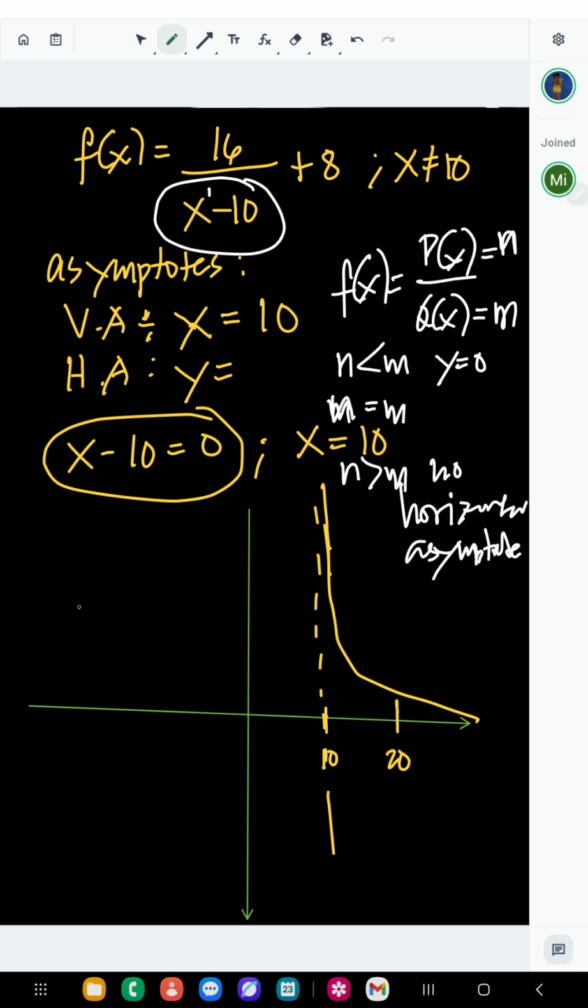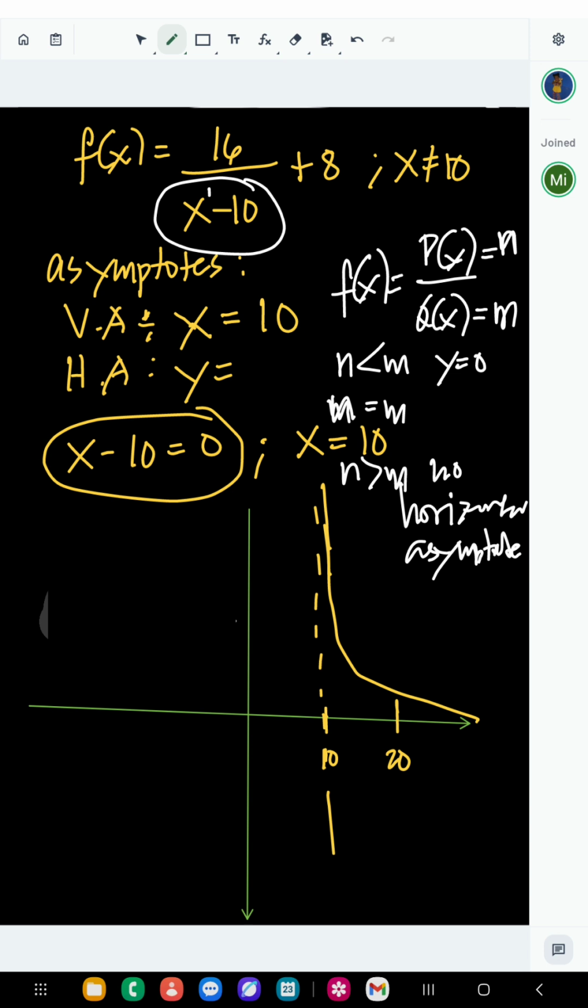Like if you're given x squared plus 2x plus 8, the degree here is 2 because the exponent of the leading term is 2. Okay, so when n is less than m, then the asymptote is equal to 0.